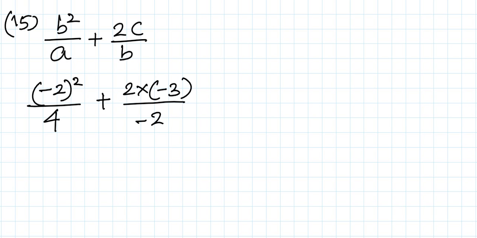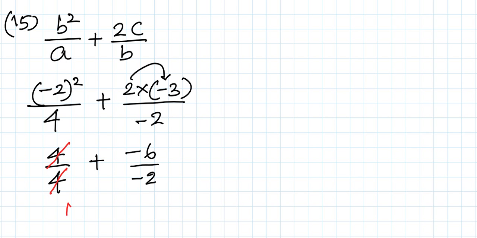So if I simplify here, I get 4 over 4, and I keep this plus as it is. Here plus multiplied by minus is minus 6 over minus 2. So as you can see here, I can divide these values. 4 divided by 4 is equal to 1, plus I can cancel this negative or minus, and I can divide 2 divided by 2 is 1, 6 divided by 2 is 3. So eventually I get 1 plus 3, which is equal to 4. So 4 is my answer.